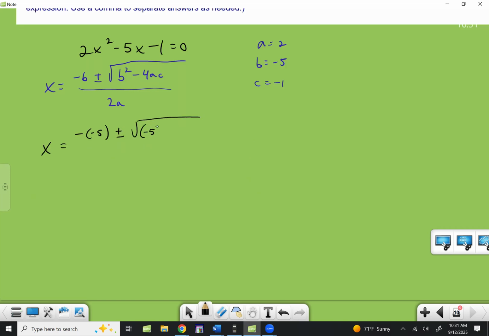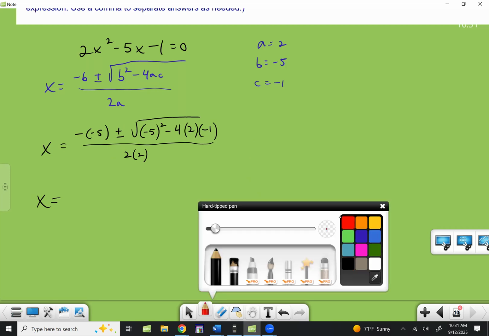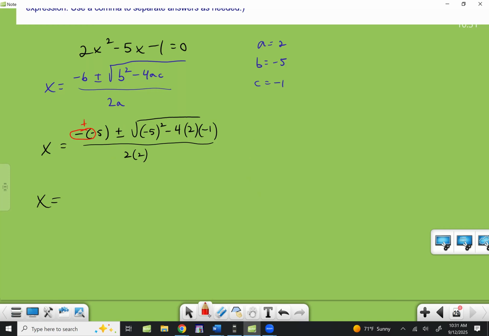Don't forget the parentheses here, or you will miss this. Always use your parentheses when you're substituting in. I know a lot of you like to use your calculator. Ooh, you don't put the parentheses on it. All over 2a, so all over 2 times 2. Let's clean this guy up. All right, we know that these two negatives will make a positive. So this is going to just be a positive 5.